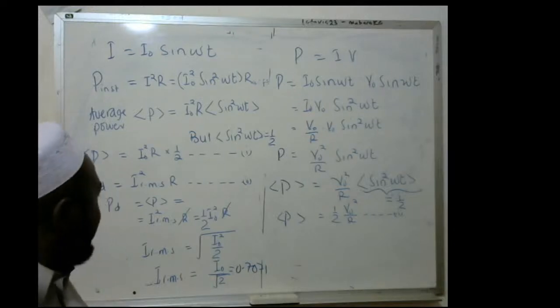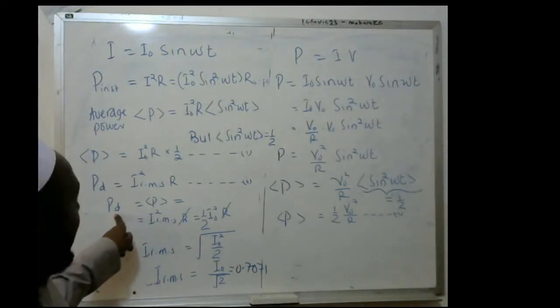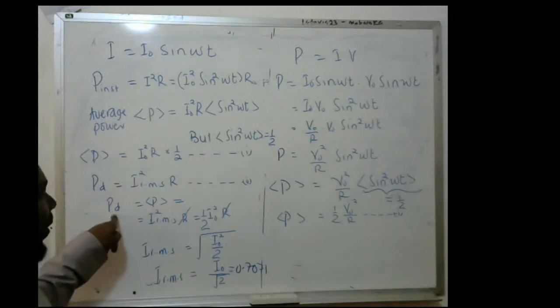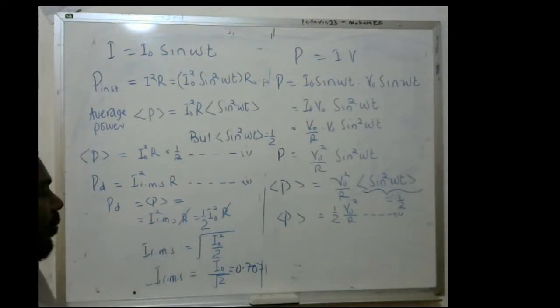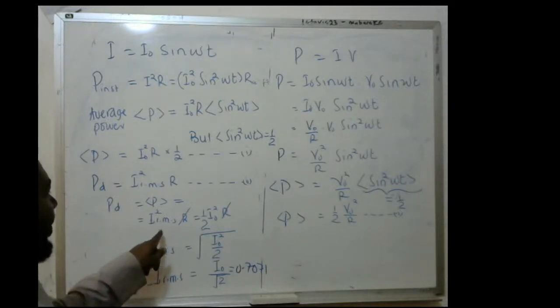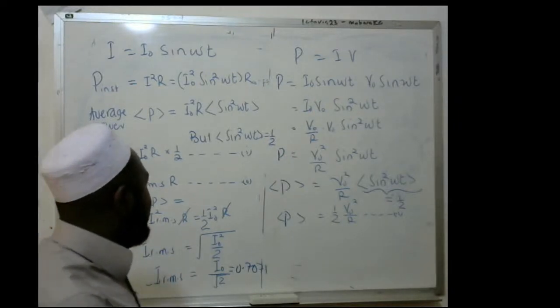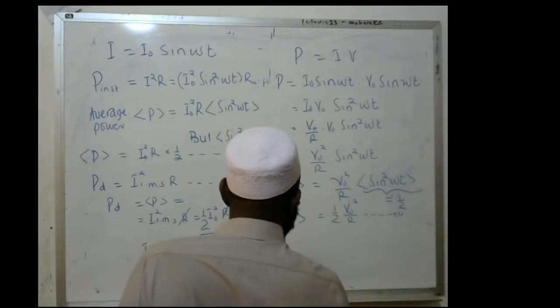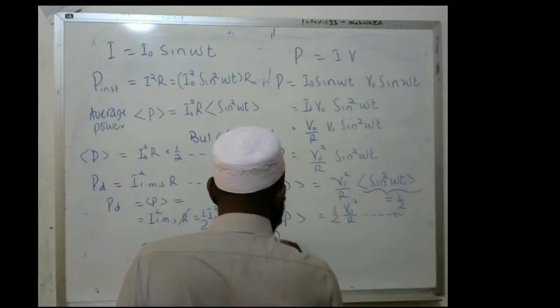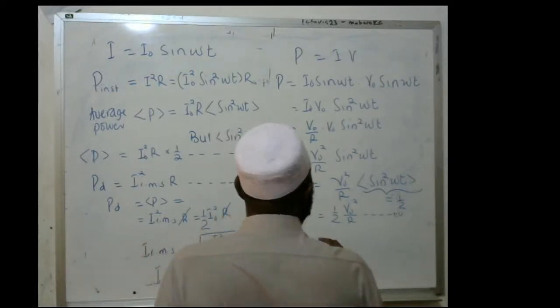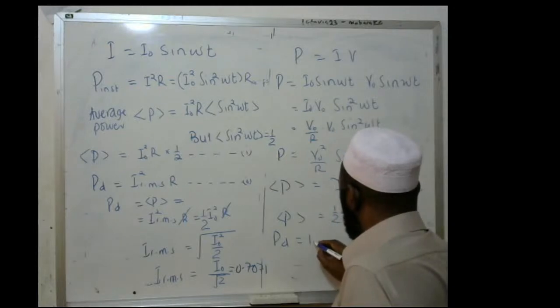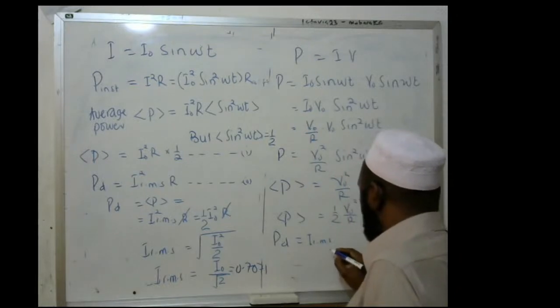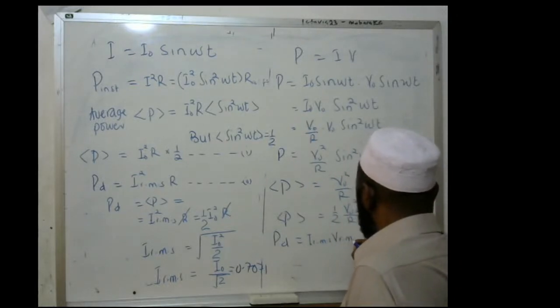But as we said in the previous derivation, the power for direct current is equal to the average power. For direct current, the power is going to be equal to IV RMS.